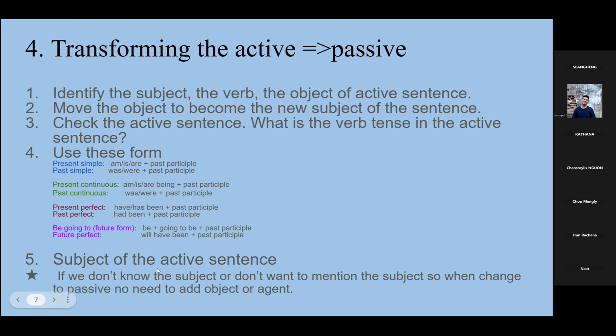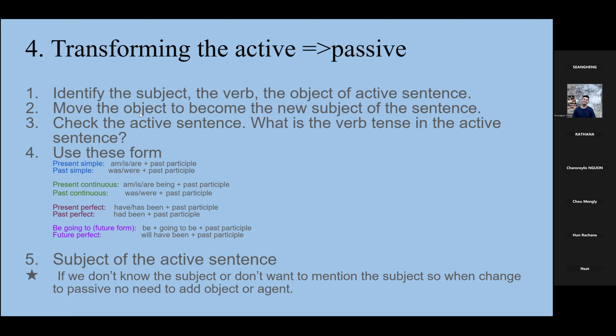Number 4, transforming from active to passive. To transform from active to passive, I have 5 tips. First, identify the subject, the verb, and the object of the active sentence.